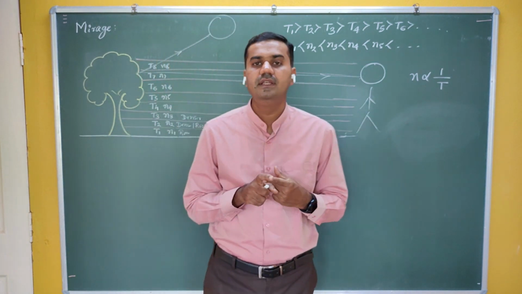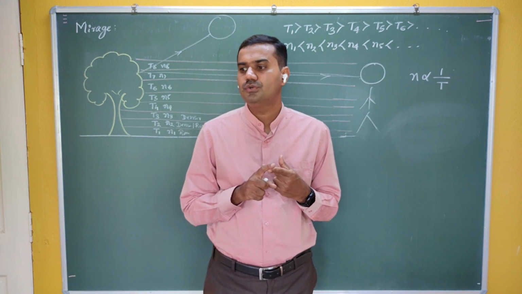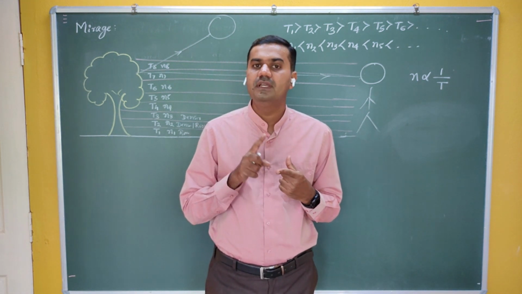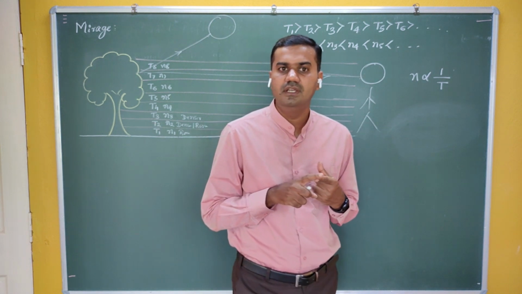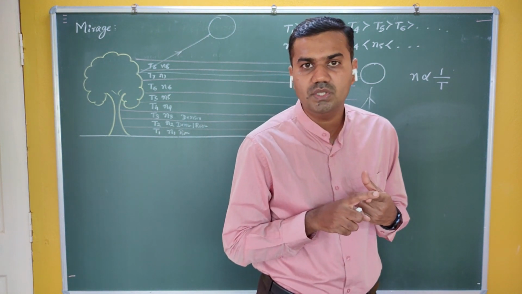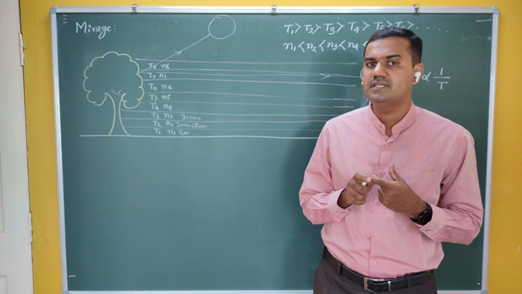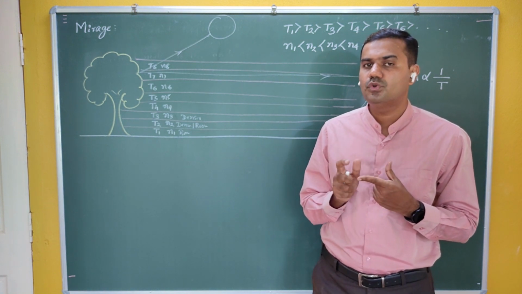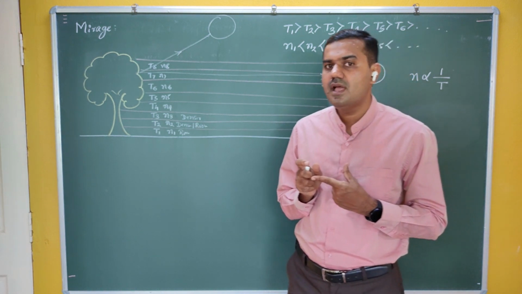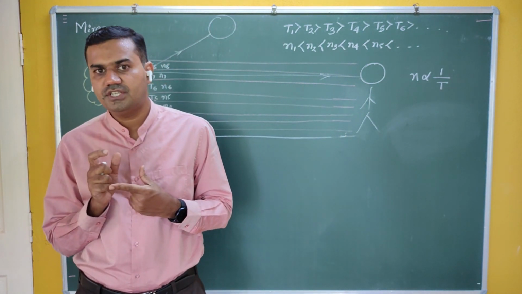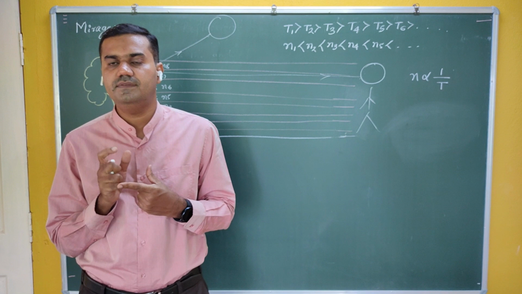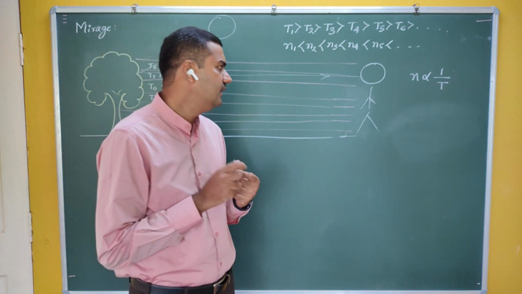Condition number one is light should travel from denser medium to rarer medium. And condition number two is the angle of incidence in the denser medium should be greater than the critical angle. If these two conditions are satisfied, then we can say that TIR takes place.